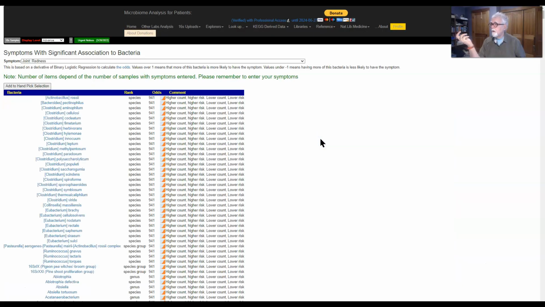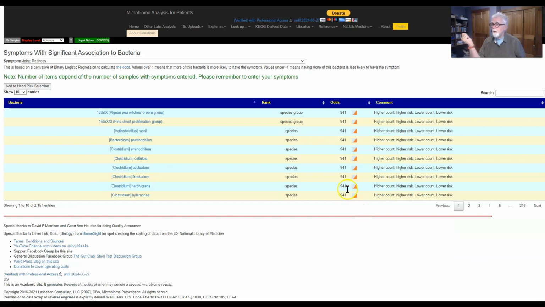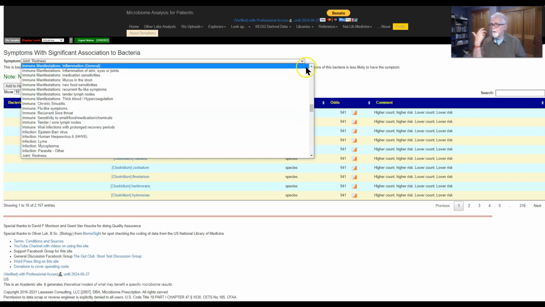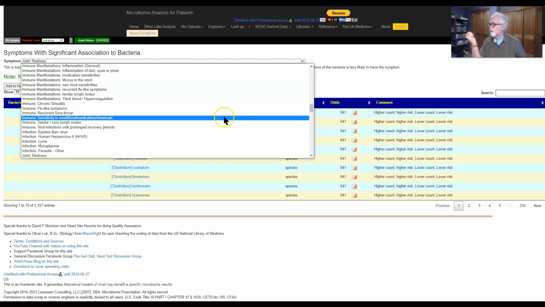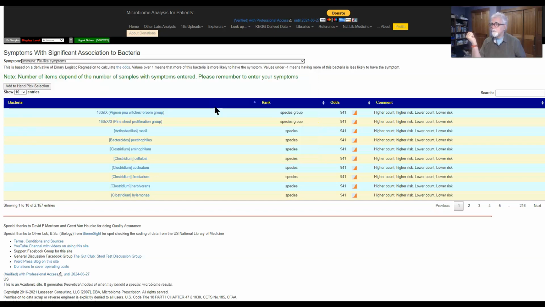Click View, and we see all the items, and there you go, we have 2100 of them, all associated. 941 to me is a bit of a dilemma because it means the calculations basically gave up because they weren't able to do anything. So I usually try to avoid those. And let's go over to flu-like symptoms.